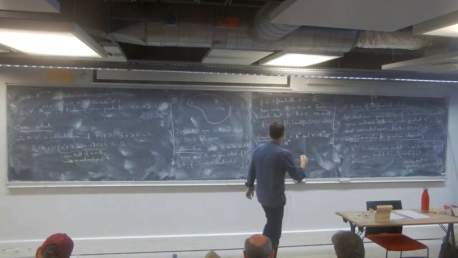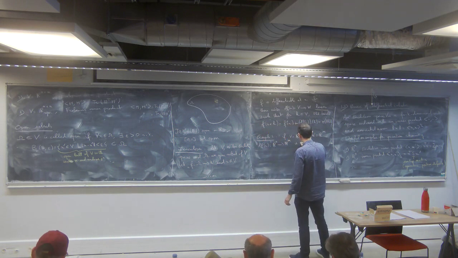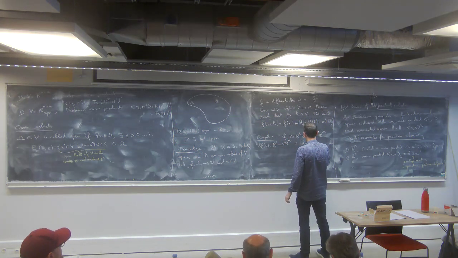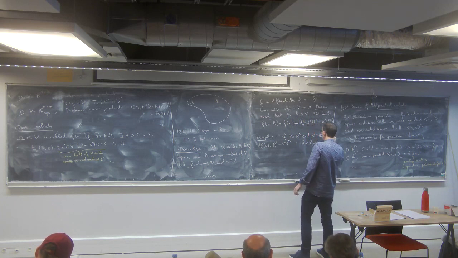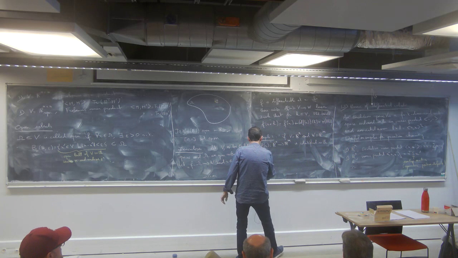So it is identified with what is called the Jacobian matrix.